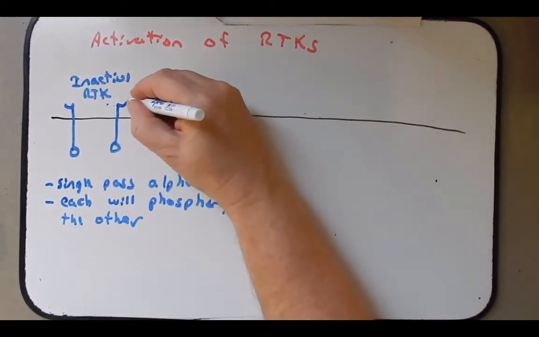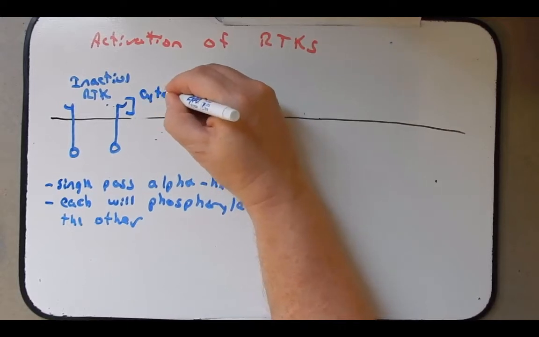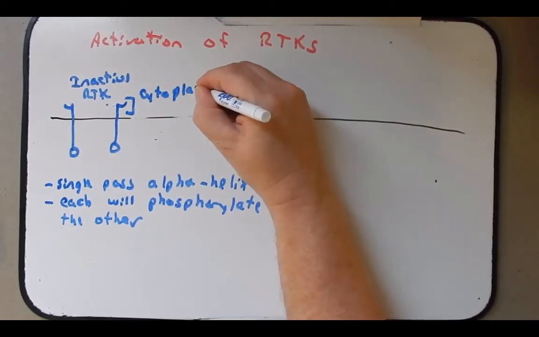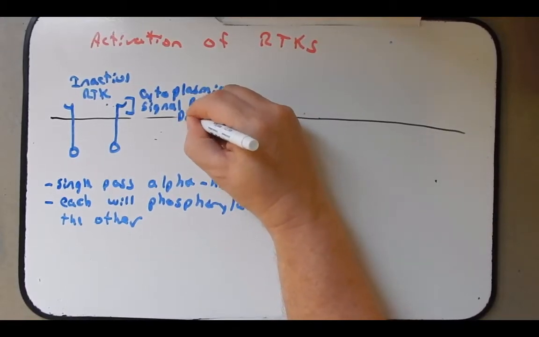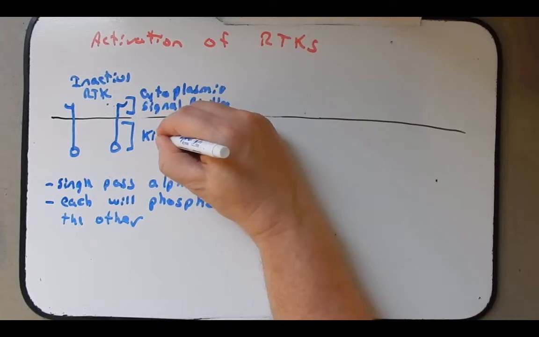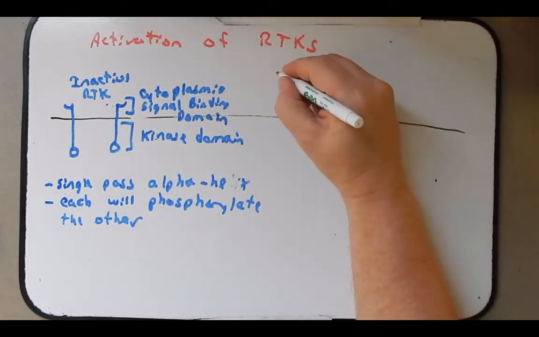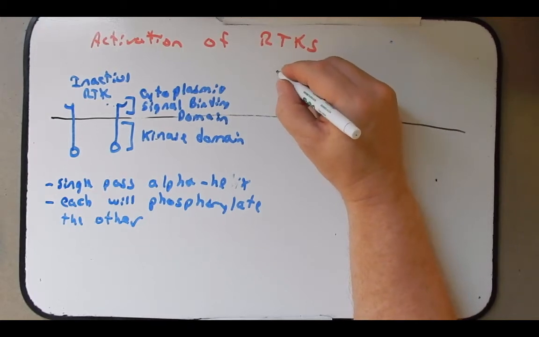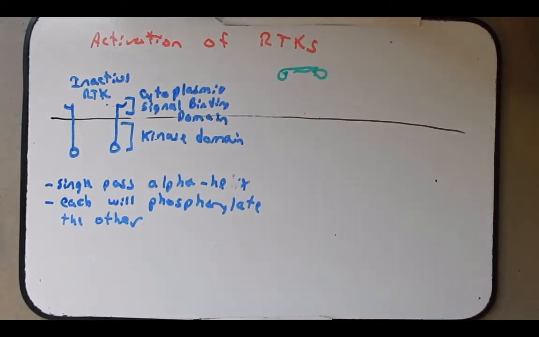So let's point out some structures here. This top part is the cytoplasmic signal binding domain, whereas this part here is the kinase domain. Typically we'll have a signaling molecule, and in this case we're going to draw it as a dimer that binds to each other like so.